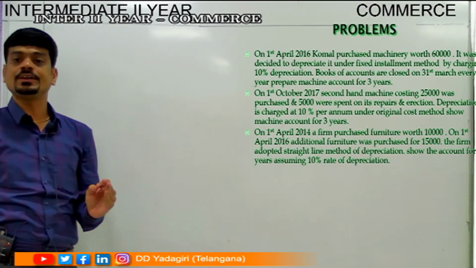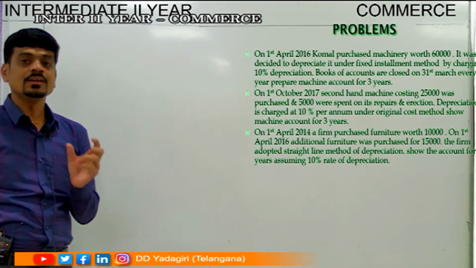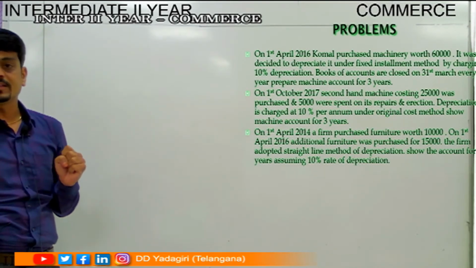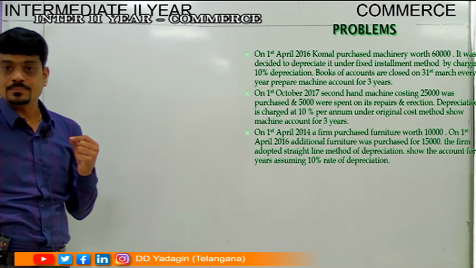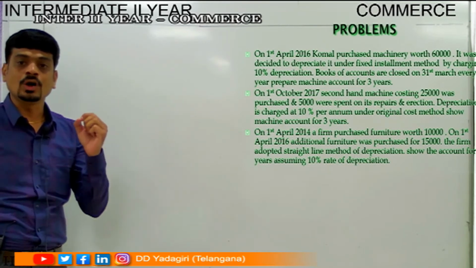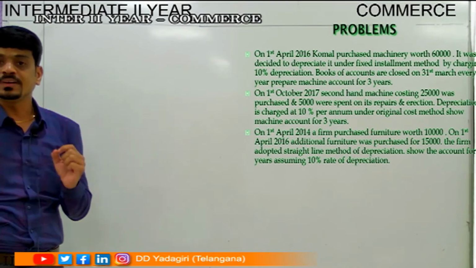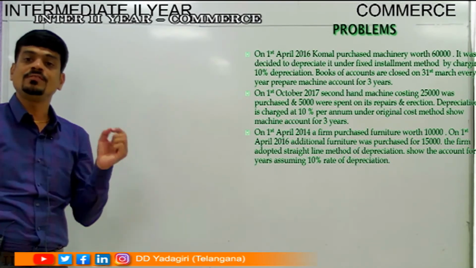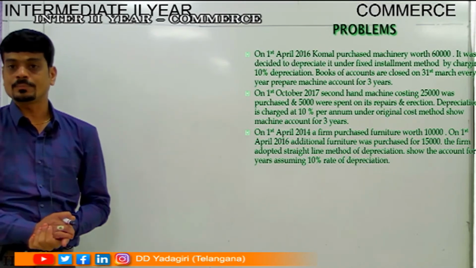And which method did they tell? Fixed installment method. When it comes to fixed installment method, you should create an idea in the mind about the theme. The amount of depreciation will remain same. And how much percent? 10%. On which cost? Original cost.